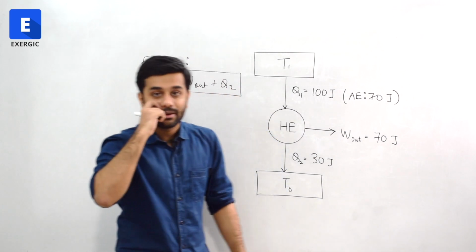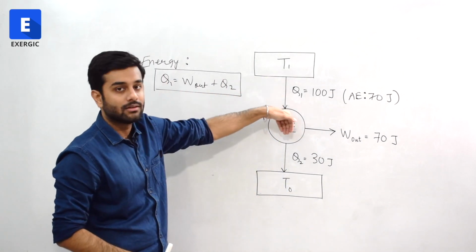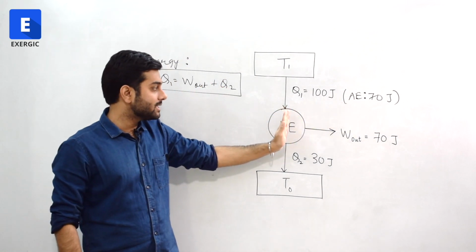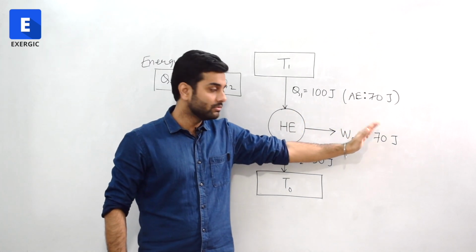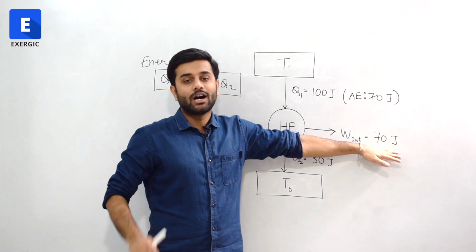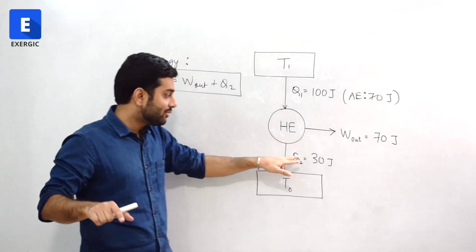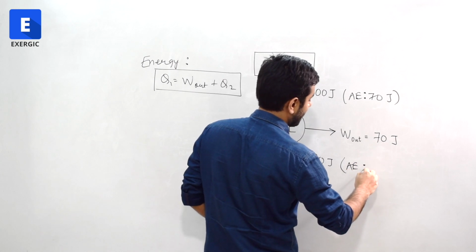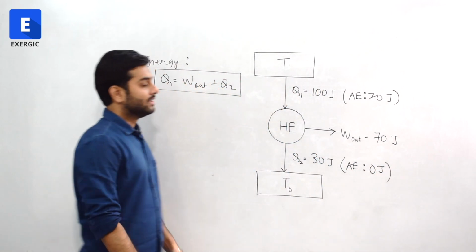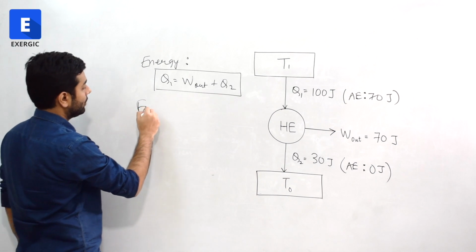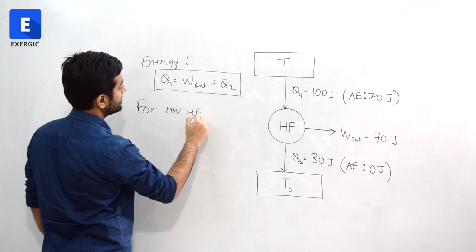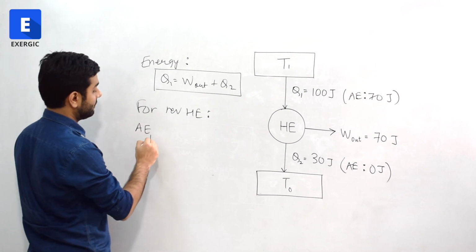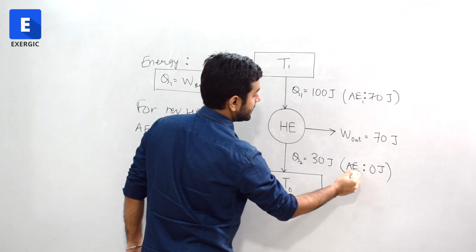So how much available energy are you supplying to the heat engine? 70 joule, right? How much available energy is the heat engine rejecting? How much available energy does Q2 have? Zero. So for this case, for the reversible heat engine, I can very much write that available energy 1, let's say AE1, and this is AE2.